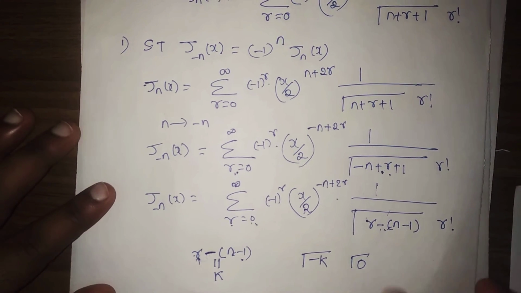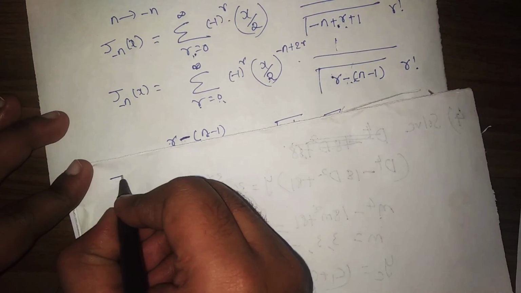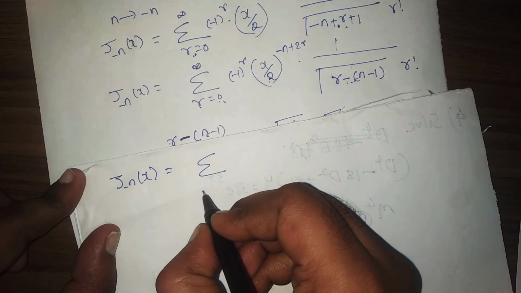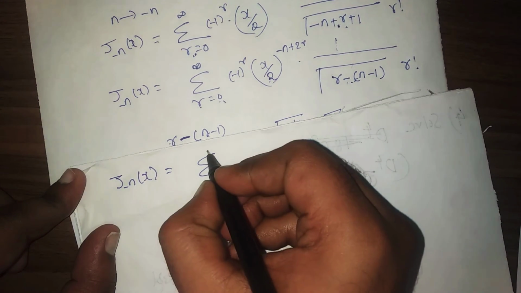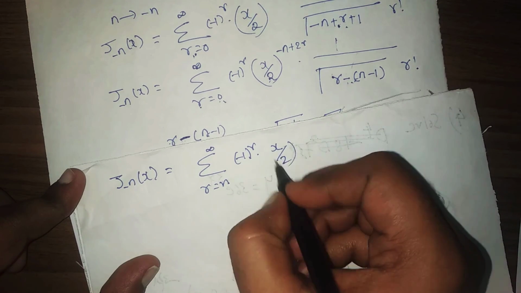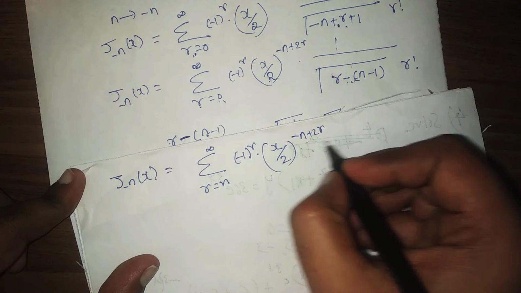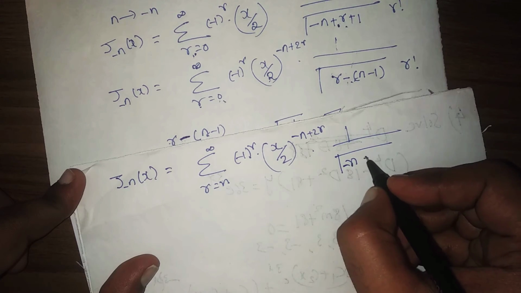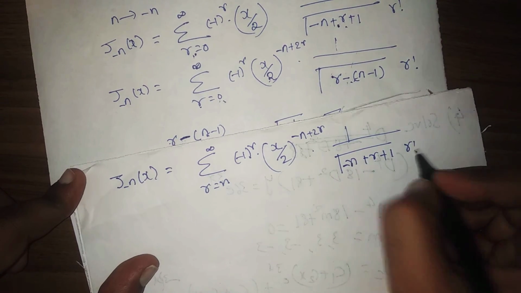I will write back the result in this form only, just to prove the result. So J minus n of x is equal to summation, I told you I will define r from n to infinity, minus 1 to the power of r, x by 2 minus n plus 2r, 1 divided by gamma of minus n plus r plus 1 into r factorial.